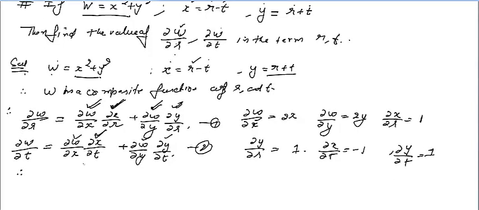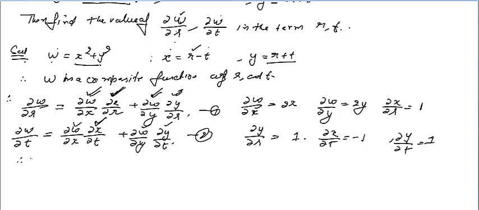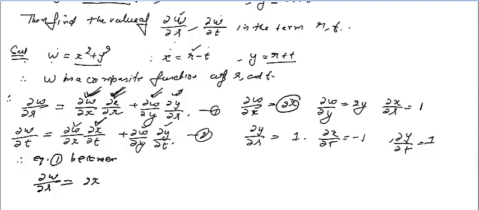So therefore equation 1 becomes ∂w/∂r is equal to ∂w/∂x, which is 2x, times ∂x/∂r, which is 1, plus ∂w/∂y, which is 2y, times ∂y/∂r, which is equal to 1.